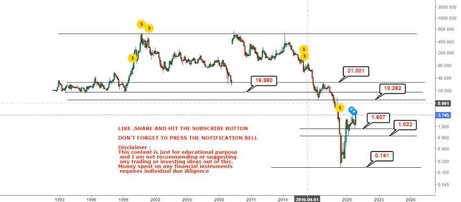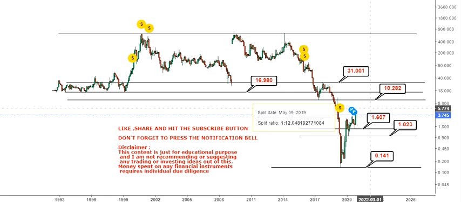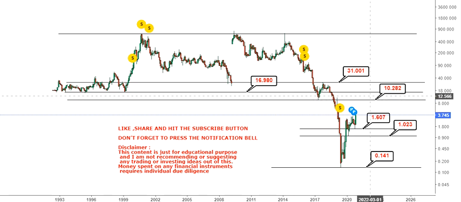One must be very aware of this fact and trail their stop losses accordingly. If the stock moves above $10 or $11, then obviously you should trail your stop loss at 10.2. Then if it holds and makes a breakout above 16 or 17, then you will trail your stop loss to 17, and so on.